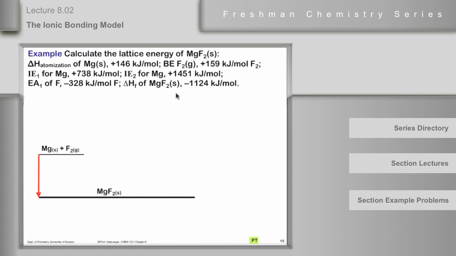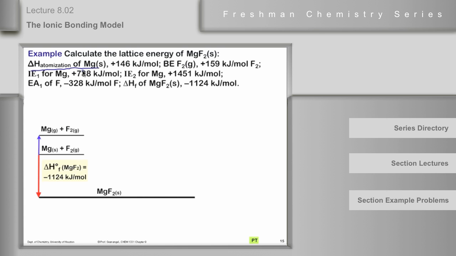Okay. So the first thing we need to do is take the magnesium out of the solid to the gas. And here, incidentally, is the magnitude of the delta H of formation in the direct reaction. So I have set this up to take us from magnesium solid and F2 gas to magnesium gas and F2 gas. And what I require to do that is an amount of energy called the delta H of atomization of magnesium.